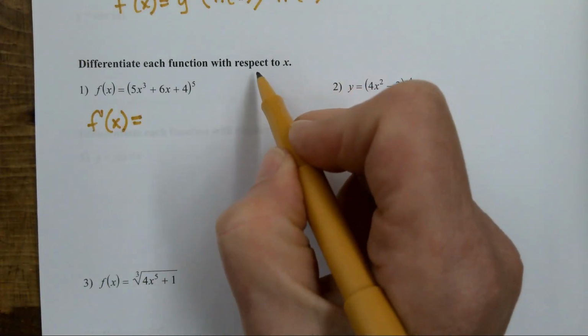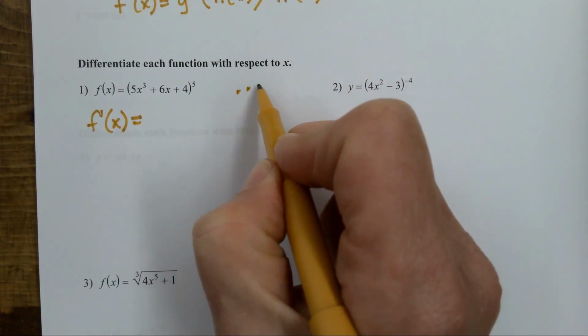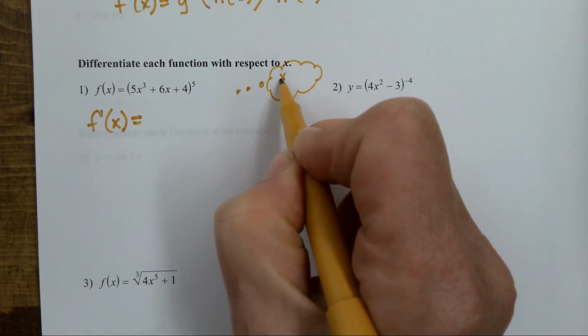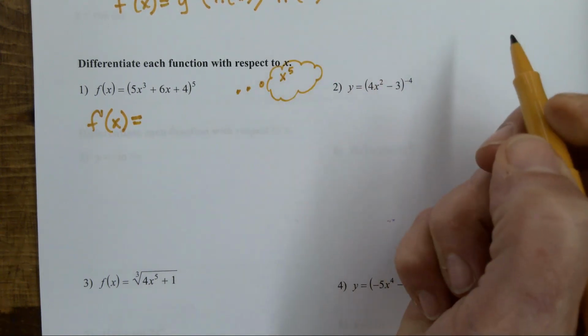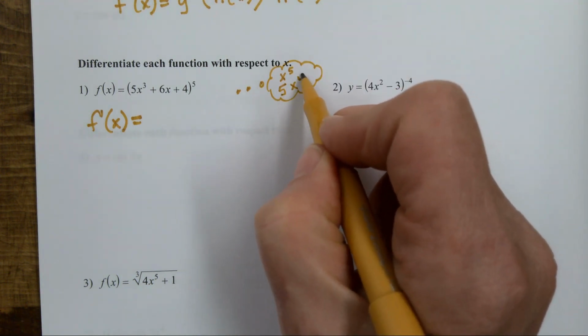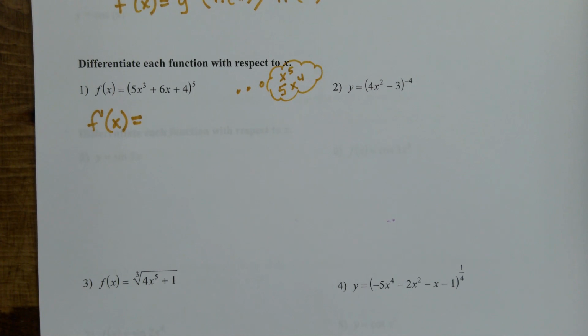if I think in my brain, this is my brain thought, if I were to take the derivative of x to the 5th, I would multiply the 5 in front, and I would lower the power 1, right? That's just a basic power rule. That's what I'm going to do, except the 5th power isn't on x.